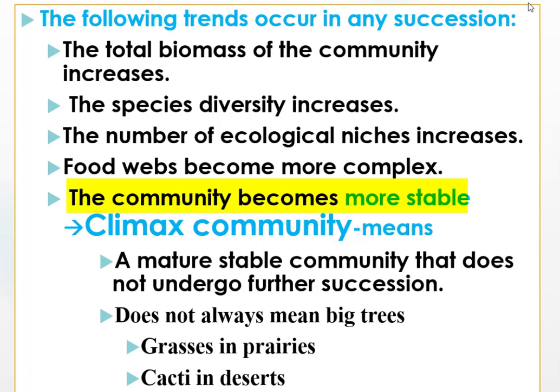What is a climax community? A climax community means a mature, stable community of organisms that does not undergo further succession. A climax community does not always mean big trees or jungle forest. This climax community can be grasses in prairies and cacti in deserts.